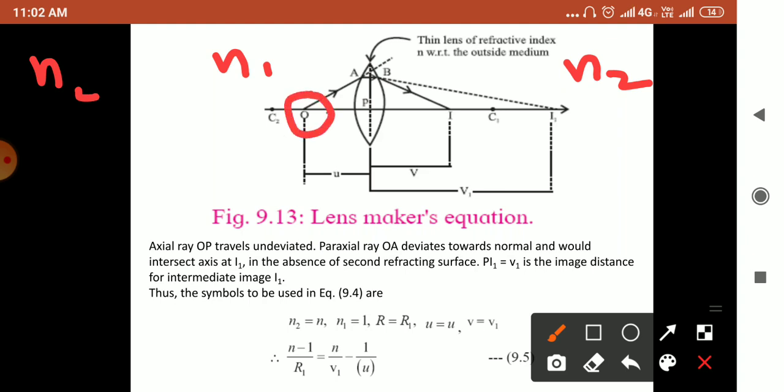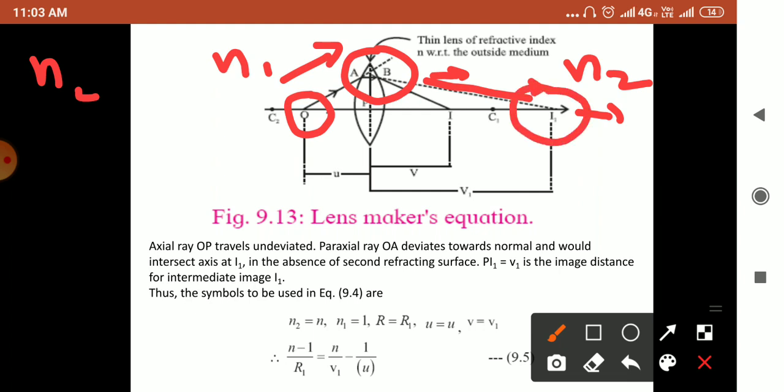Object is present at I, one ray which is along the principal axis and another deviated ray along OA. Inside the lens, that ray will again deviate along AB. Then from B, actually it should go across this line B to I1, where it will give virtual image. But that ray will travel along B to I and image will be here.